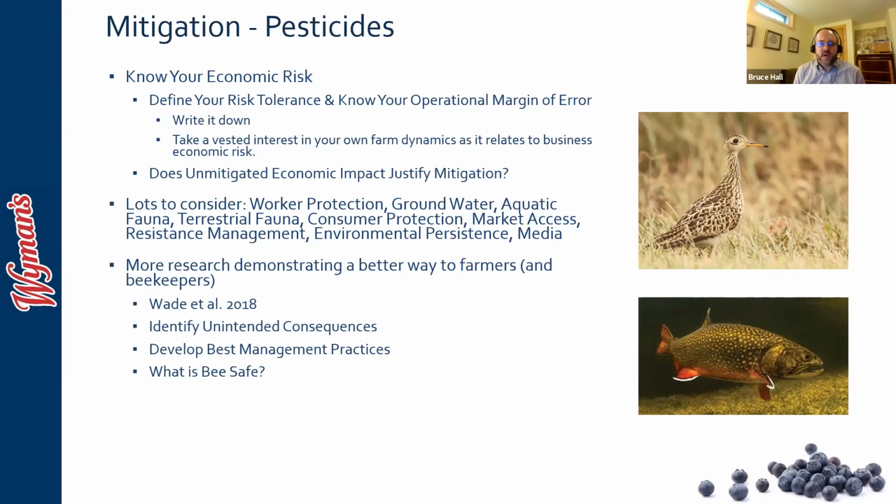There's a lot of ecotox studies that are done out there from private companies, from government regulators, but we have to consider worker protection. That's probably the most important concern, actually, because workers are exposed to the highest concentrations of pesticides. And so can you reduce that risk to zero? That's the goal, always. But beyond that, environmentally, you've got groundwater, you've got aquatic fauna, you've got terrestrial fauna.